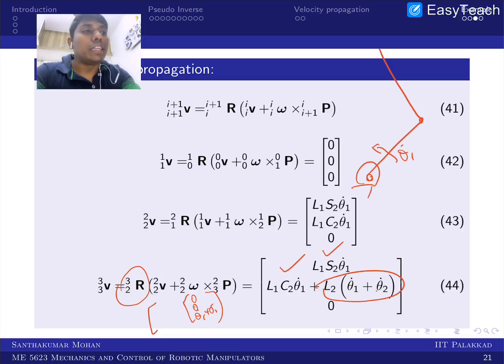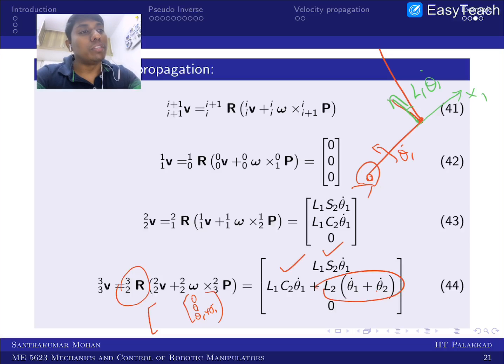What one can realize here is that the tangential velocity, which I'm just drawing, would be L1 theta 1 dot. So there are two components in the x and y axes. What is this axis? This is x1, right? And you are seeing it along the line of x, and this is theta 1 and theta 2.